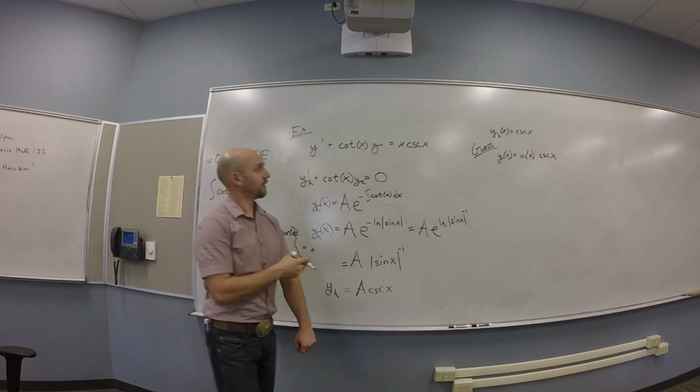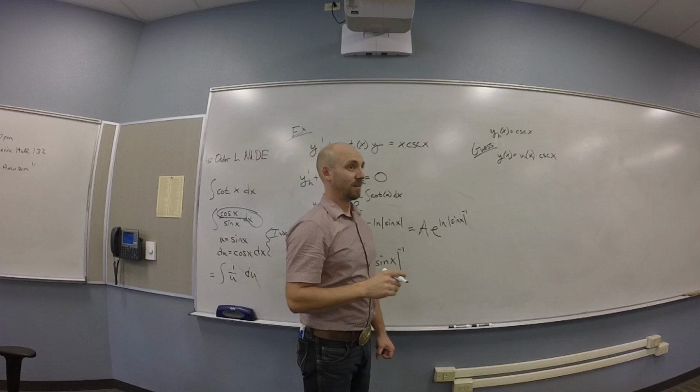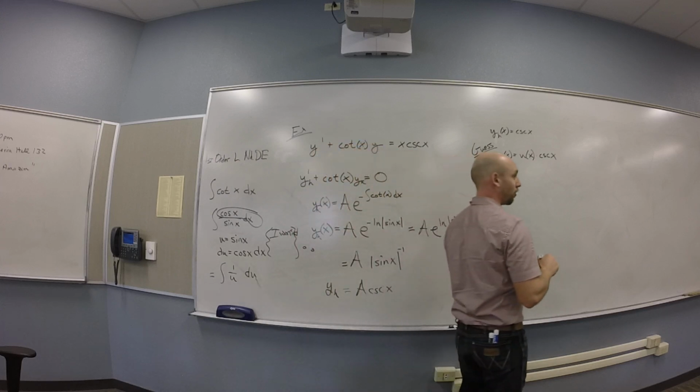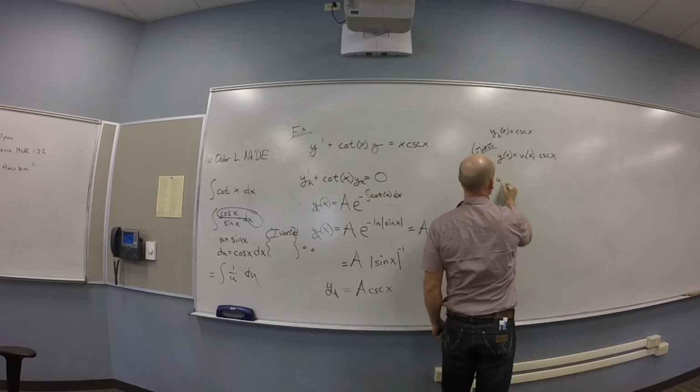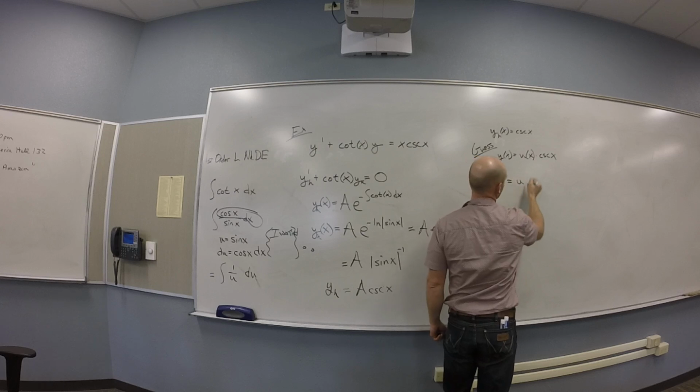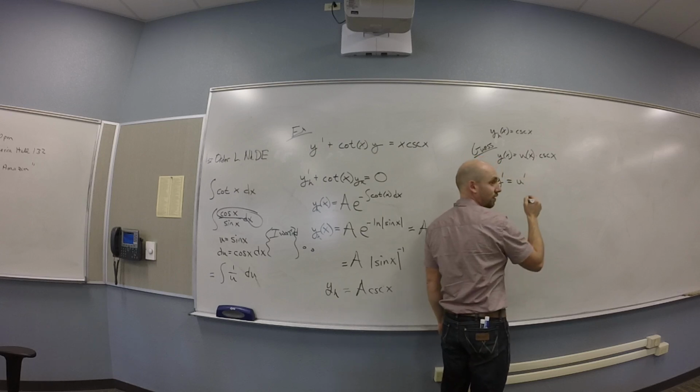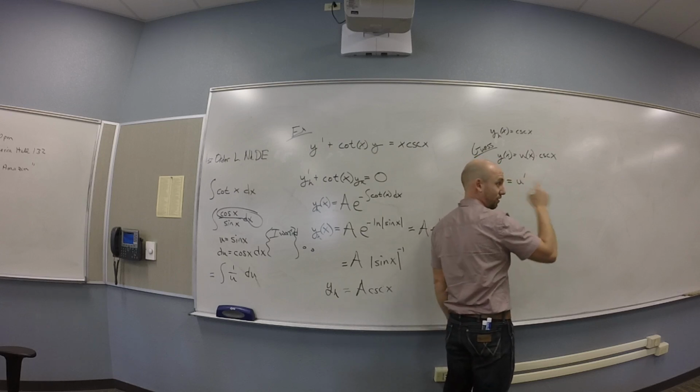Okay, cool. Now you need to do the product rule, right? So you're going to get y prime is u prime cosecant x.